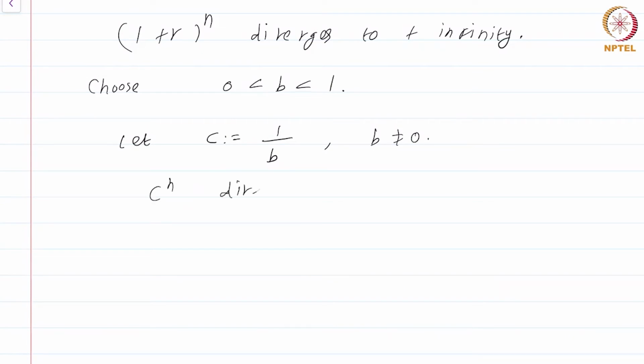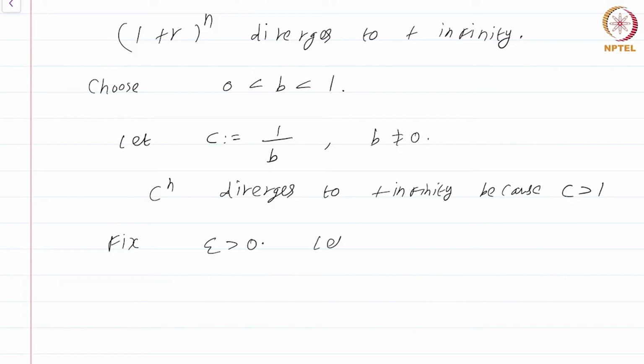Now what happens? 1 by b power n, or in other words, c power n diverges to plus infinity. Why? Because c is greater than 1, and that's the case we just saw. Because c power n diverges to plus infinity, let me write down a full proof. Fix epsilon greater than 0. Let capital M be 1 by epsilon.